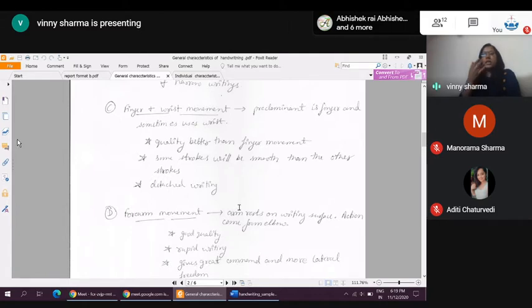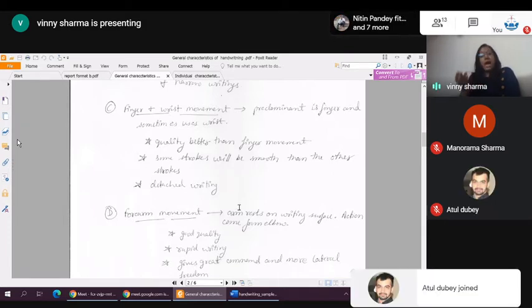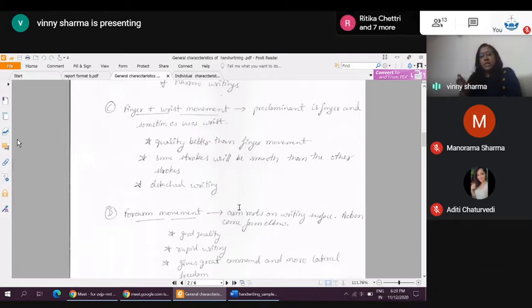Because of the secondary motion coming from the finger and primary motion coming from the wrist, this type of handwriting will be smoother compared to the other two. This type of writing will be detached because the fingers are involved, so the connecting strokes will be fewer. So the detached writing will be there. Apart from that, the quality of writing will be higher than the other two types of movement.